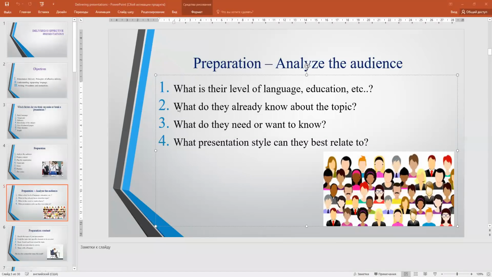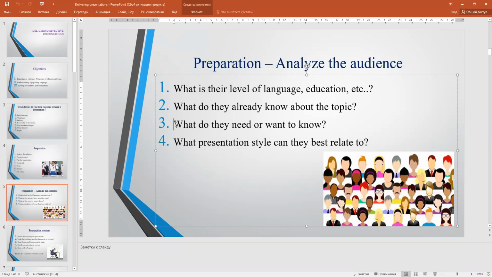So if you insert new content that your target learners don't know, they may be attracted to your speech, because they are going to learn something new.